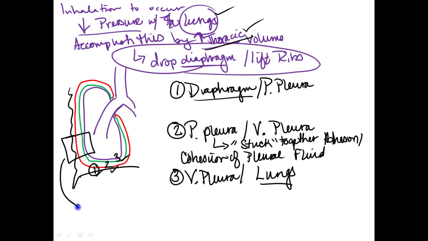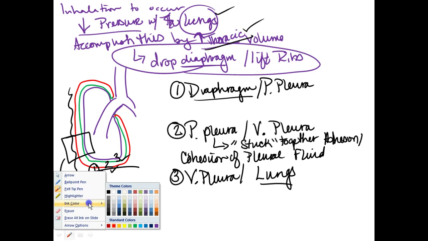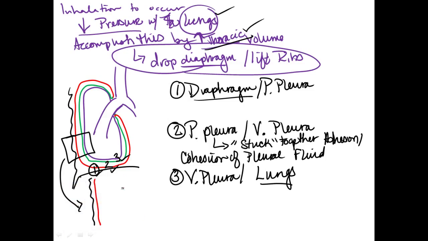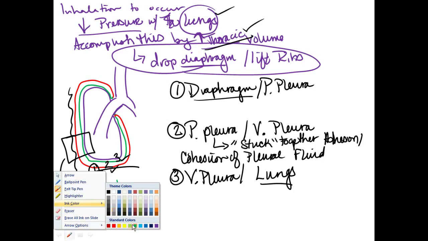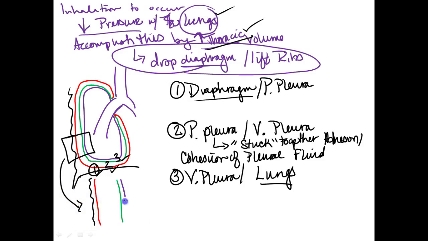Now, if we blow this up, what we're going to see is we have the ribs here. Then we have parietal pleura here. Then visceral pleura here, and finally our lungs. Same colors.